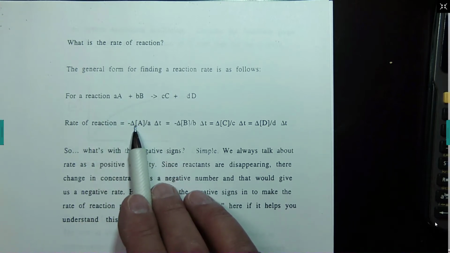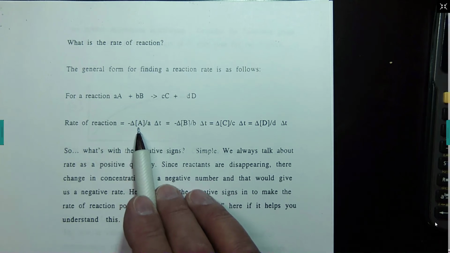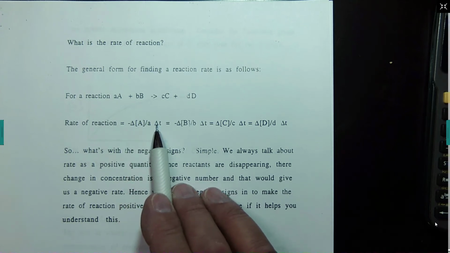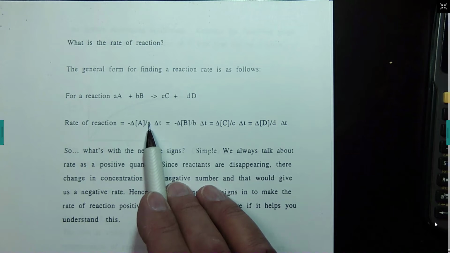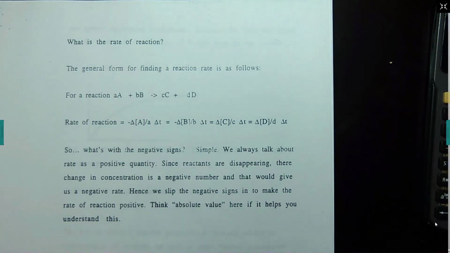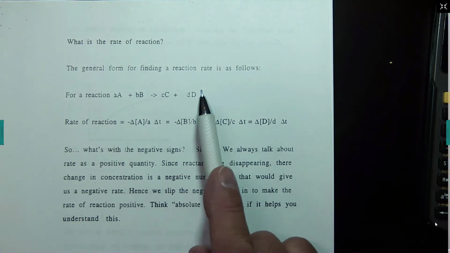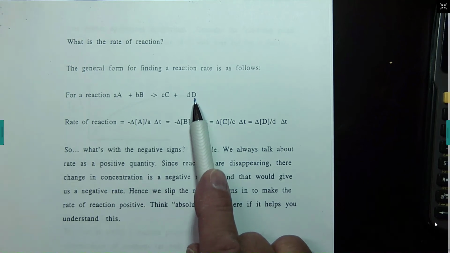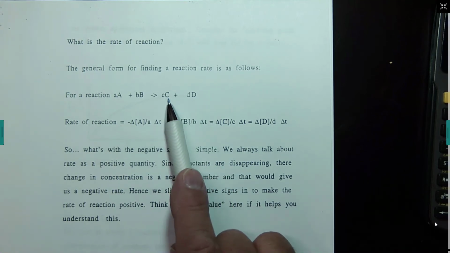That little delta means change. You also have to throw in a number for the coefficient. That'll give you the reaction rate. But again, I'm not going to be asking about reaction rates. I'm going to be asking, what's the rate at which you're making this stuff?